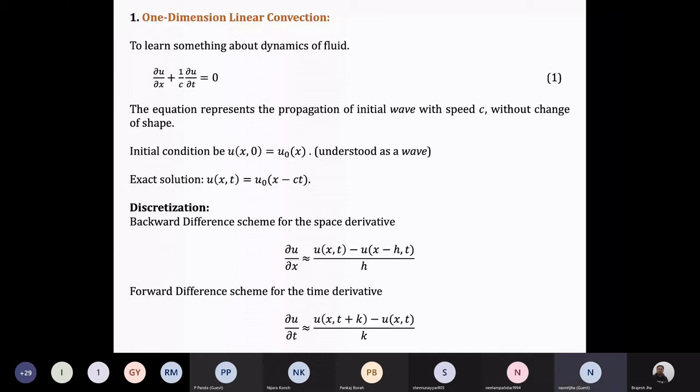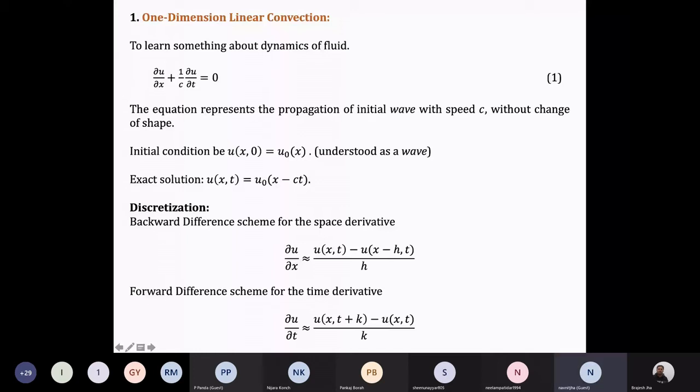I am going to solve this linear equation with the help of mathematics, what I have discussed so far. I am going to use backward difference operator for del u by del x, u of x minus u of x minus h, and forward difference for the time derivative. Del u by del t is u of t plus k minus u of t by k.